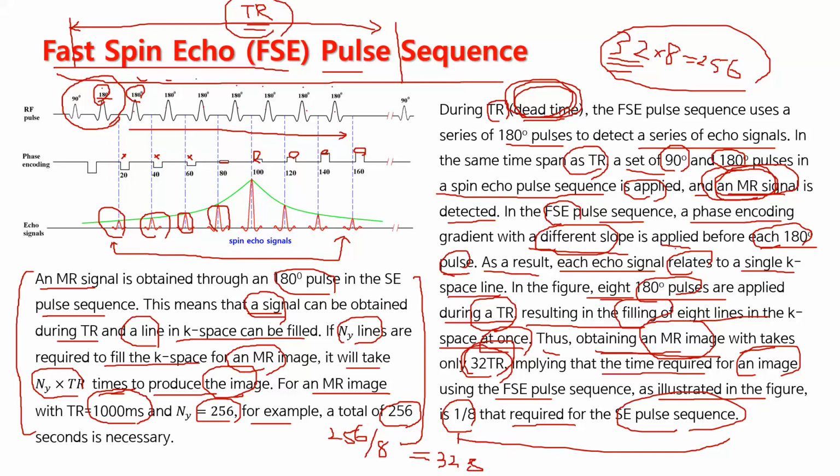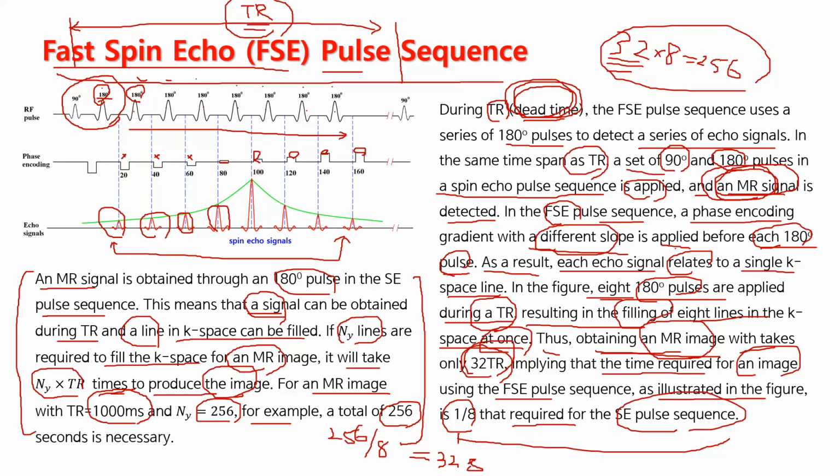So if you use the spin echo sequence, we need 256 seconds for obtaining one MR image. However, in the fast spin echo pulse sequence, in this case we use 8 180-degree pulses, then we can get 8 spin echo signals during TR.